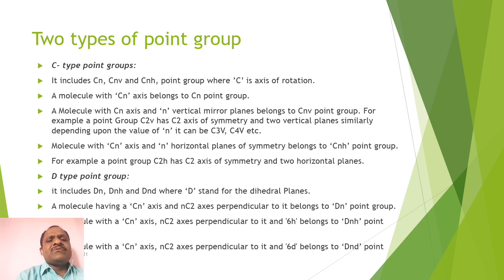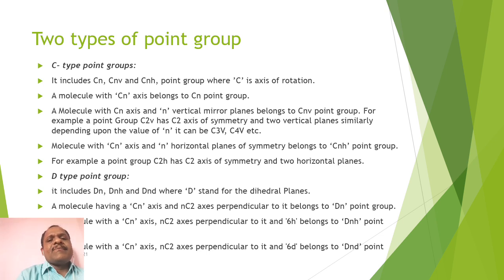That means we have to make a label of that point group, like C infinity v, C2v or C3v. These are called the label or name of that particular point group. And D type of point group means D infinity h, or we can say D2d, D2h, such molecular point groups come into the D type of point group.